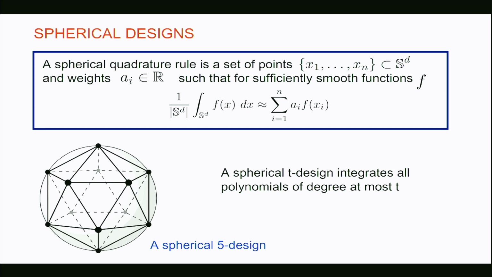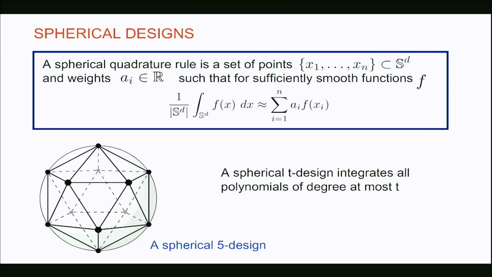You can just think of them as polynomials if you like. Because of the grading, there's a natural order in which you want to integrate: you want to catch as high a degree as you can. So a spherical t-design integrates all spherical harmonics of degree at most t.